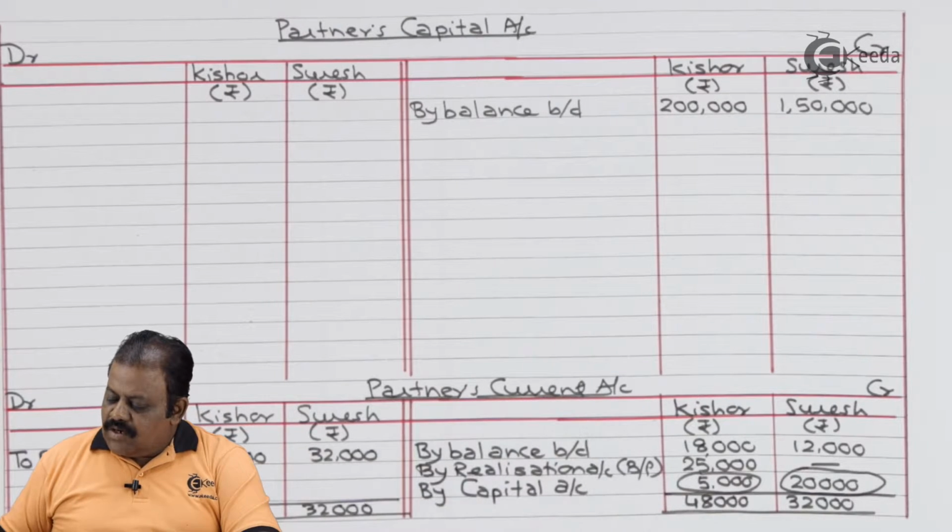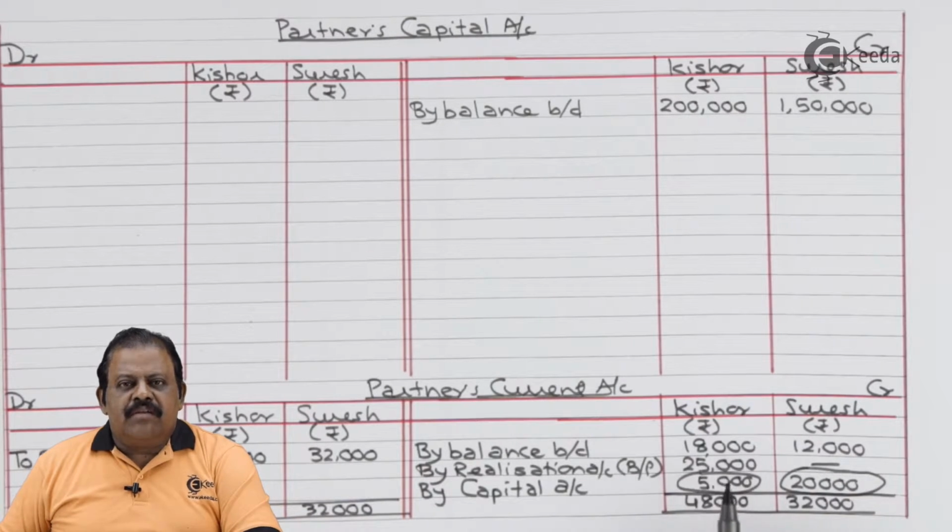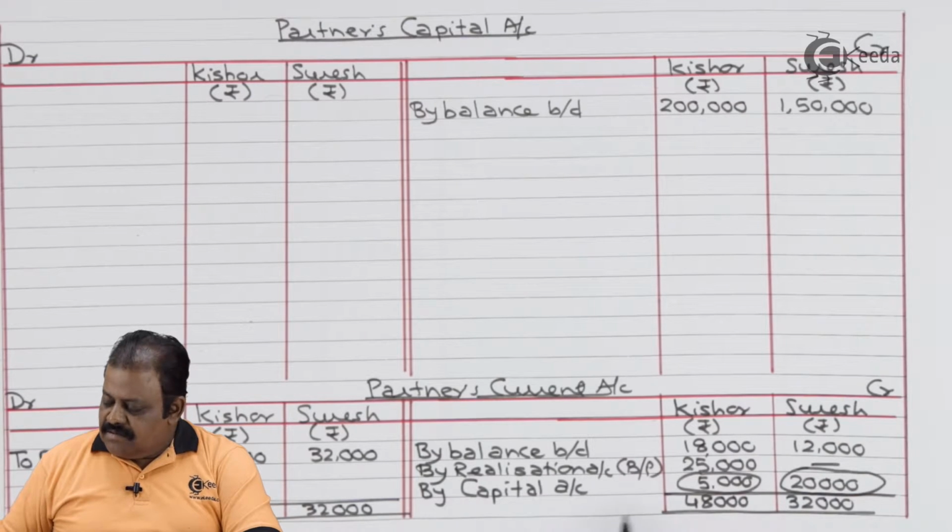Partners' current accounts are closed. Kishore as well as Suresh, they are showing closing balance, balancing figure on credit side, which is transferred to their capital account. So it will be transferred to the debit of their capital accounts.